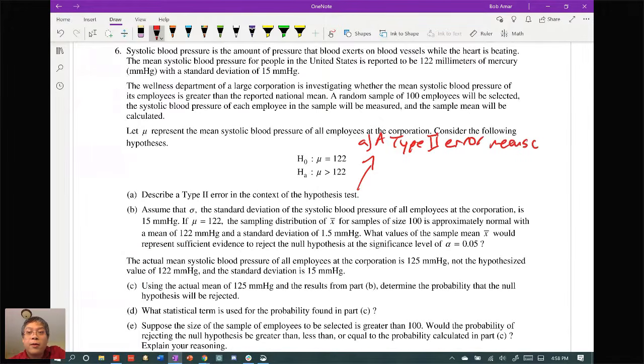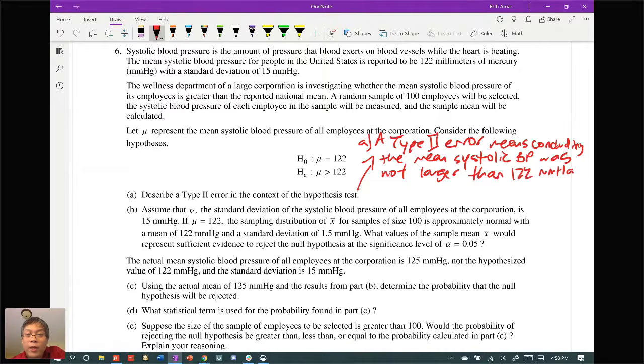A type 2 error means concluding the mean systolic blood pressure was not larger than 122 millimeters of mercury when, in fact, it was larger than 122 millimeters of mercury.